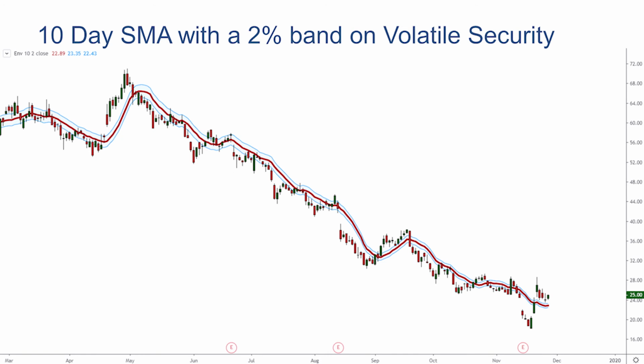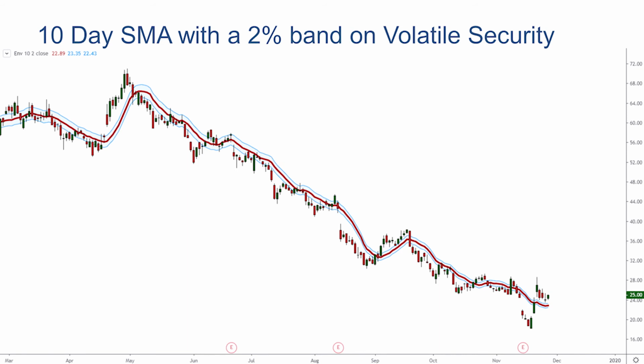And so notice that when I put the same 10-day simple moving average with a 2% band over this cannabis stock, you can see that the price is almost always outside of the band, because the volatility of the underlying security is not only huge, but also 2% does not very well encompass the type of volatility one experiences on this chart.